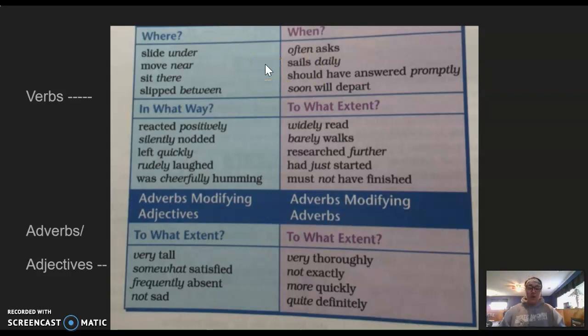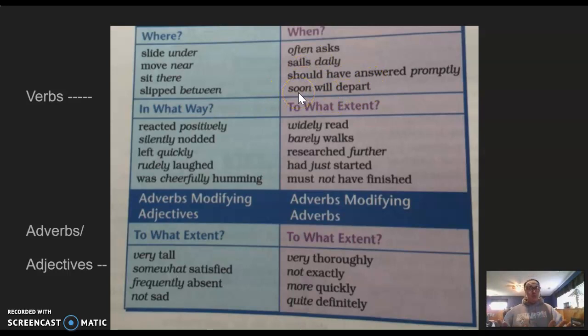It could also say when an action is being done: often asks, sails daily, should have answered promptly. That's a longer one. And soon will depart. As you know from the verb unit, the entire verb phrase is in there, so will depart, but the only part that's an adverb is soon.